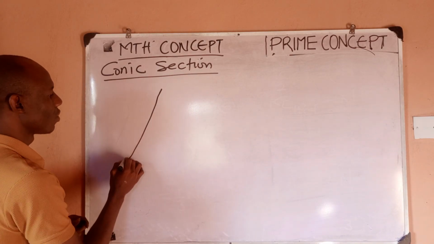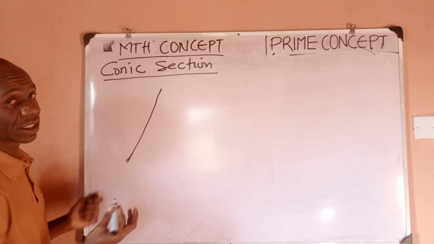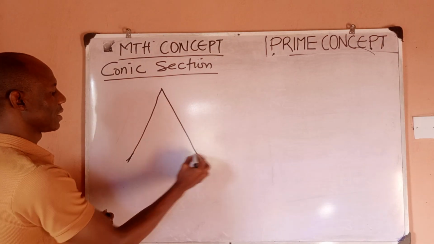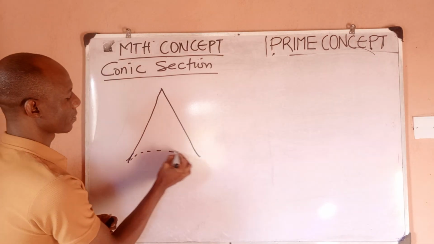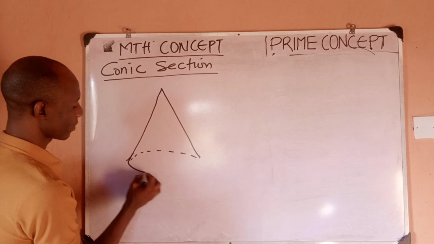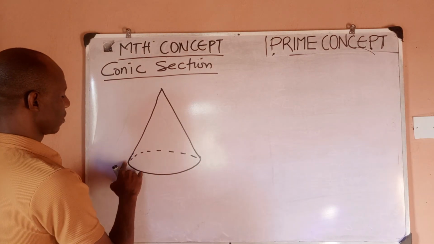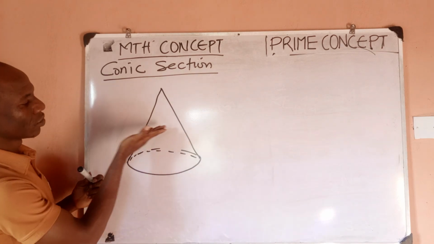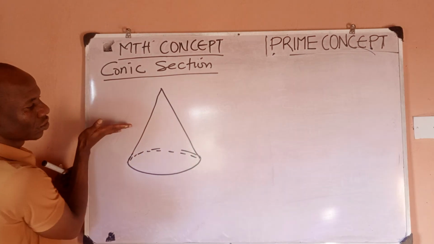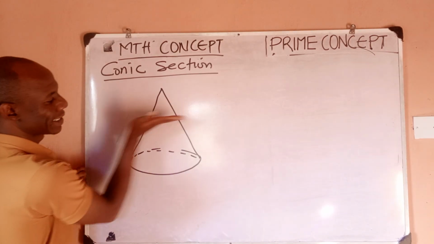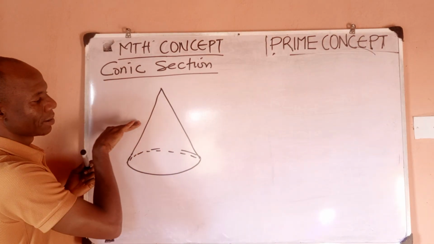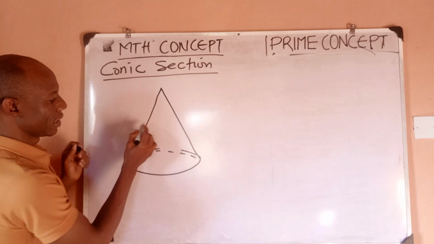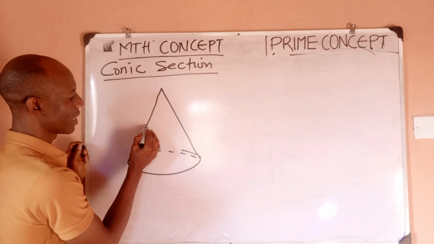I will give a simple example. I will say this is a cone, even though a cone is a three-dimensional shape, but I can't draw it, so I will make it two-dimensional here. Now, if I decide to slice through this cone in such a way that my cutting is parallel to the base, I would have a shape like this.